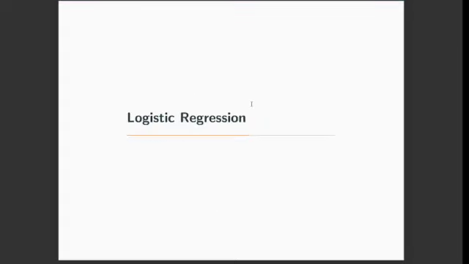And now we want to talk about logistic regression. Logistic regression is suitable for when the target variable is categorical and has two categories, yes and no, churn, not churn, something like that. So when we talk about logistic regression, we talk about estimating probabilities.